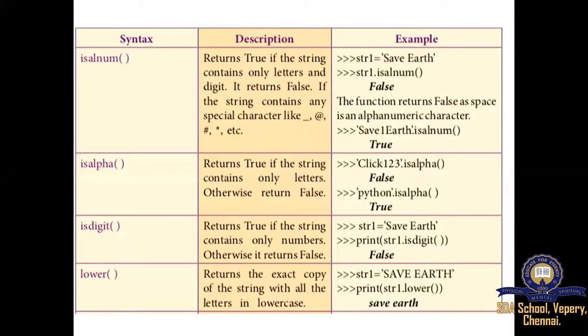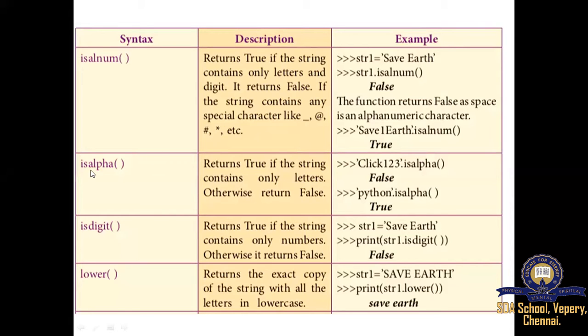We'll push on to the next built-in functions. Is alphanumeric returns true if the string contains only letters and digits. Otherwise, it will return false. If a string contains any special characters like underscore, at, hash, star, it will not be accepted.